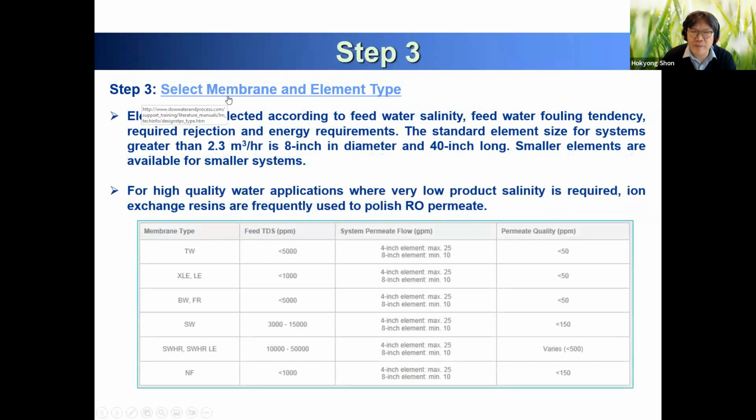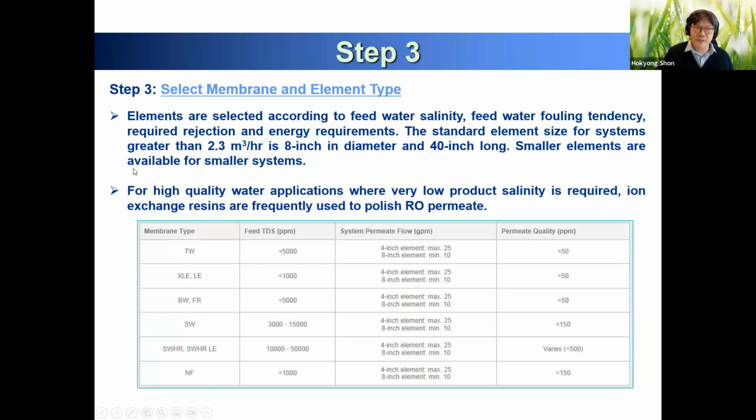And you need to decide the membrane and element type. The elements are selected according to feedwater salinity, feedwater fouling tendency, required rejection and energy requirement. The standard element size for a system greater than 2.3 cubic meters per hour is 8 inch in diameter and 40 inch long.